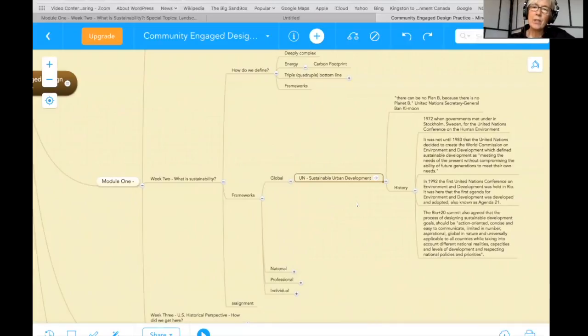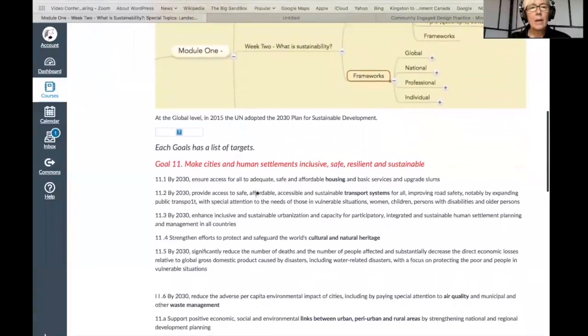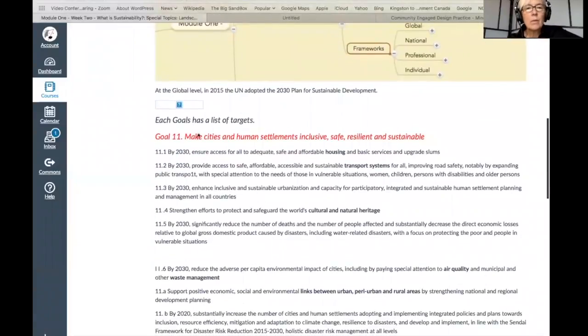There's 17 policies around that. They do have one specifically around global issues. And that is goal 11, make cities and human settlements inclusive, safe, resilient, and sustainable.